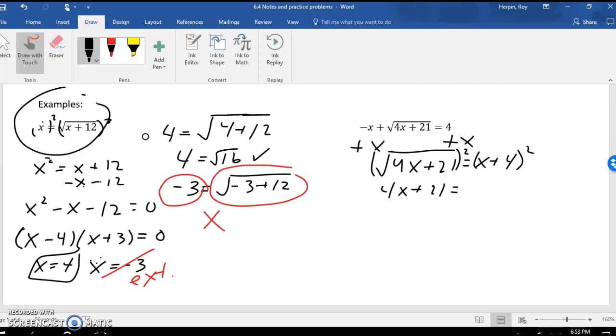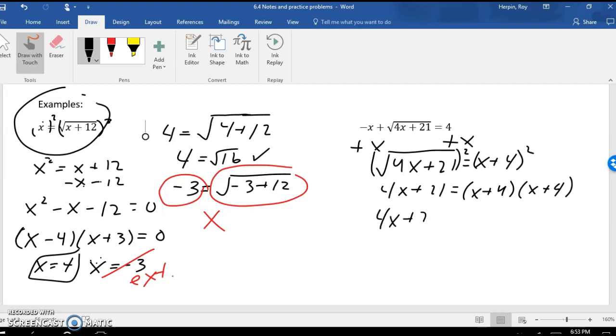And on the right, that binomial squared, remember, means it's x plus 4 times x plus 4. So this is really where the big difference is between what we did yesterday, or Friday, I mean, and what we're doing today. You're going to have a possibility of having a binomial squared that you have to solve. That's the main difference.